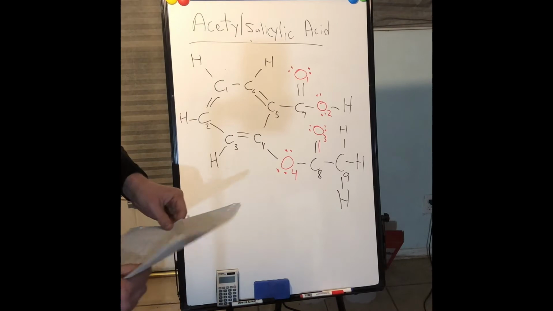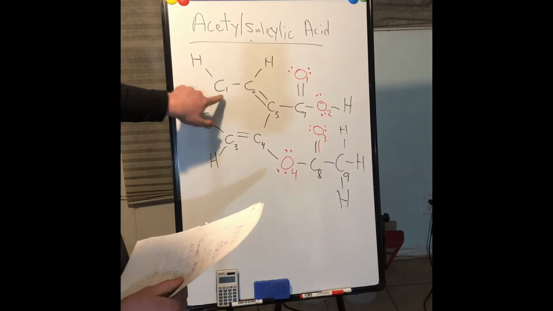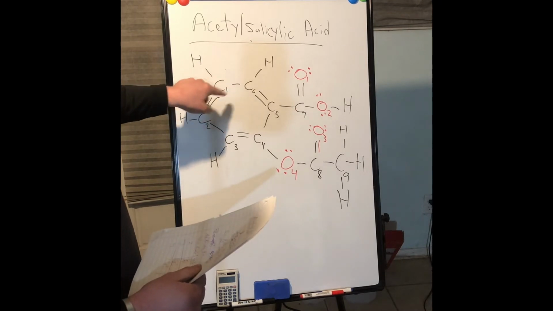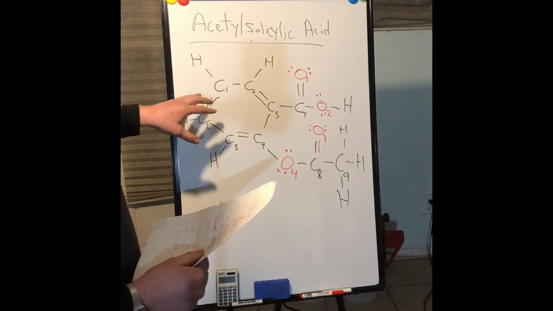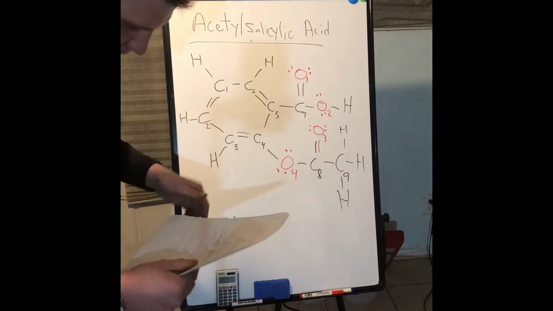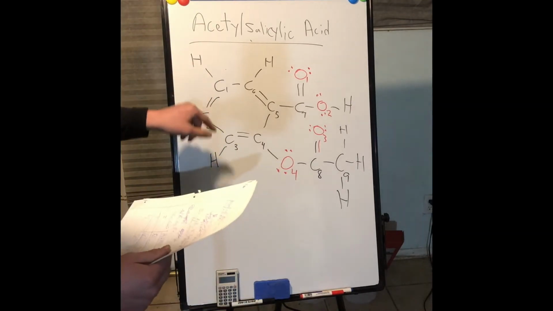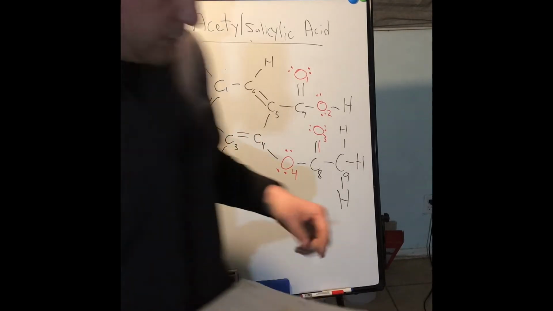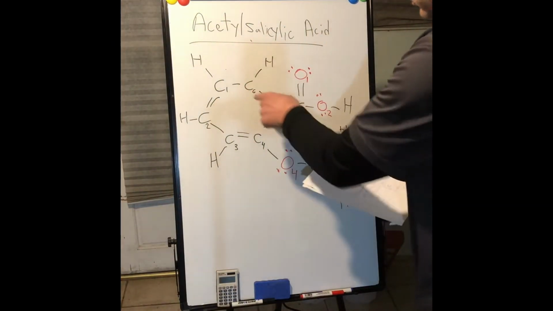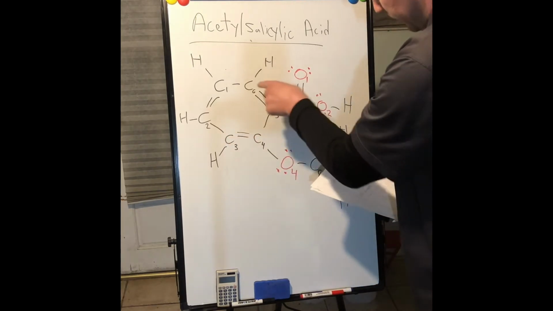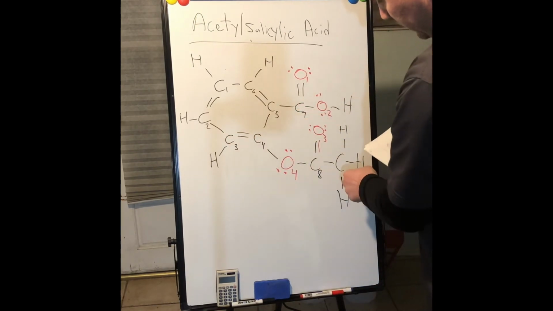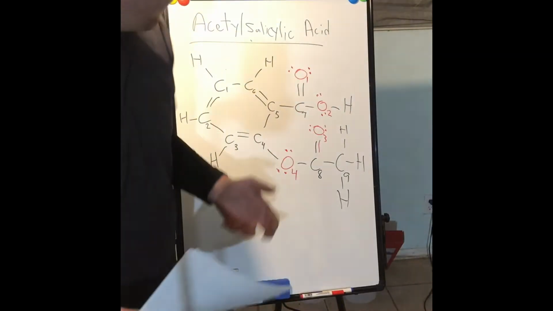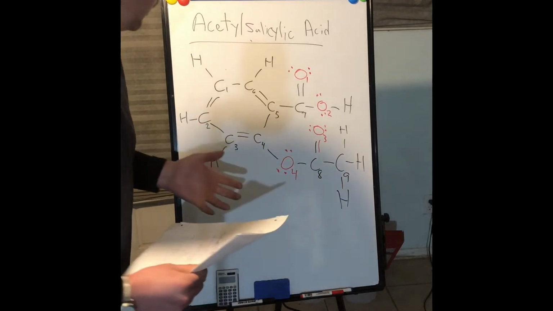So let's start with this one. For carbon 1, we have 3 atoms it's bonded to, no electron pairs, so the steric number is 3. So it's sp2, and it's trigonal planar. And actually, we can look at all of them: C1, C2, C3, C4, C5, C6, C7, C8, C9, and they're all the same with their geometry.